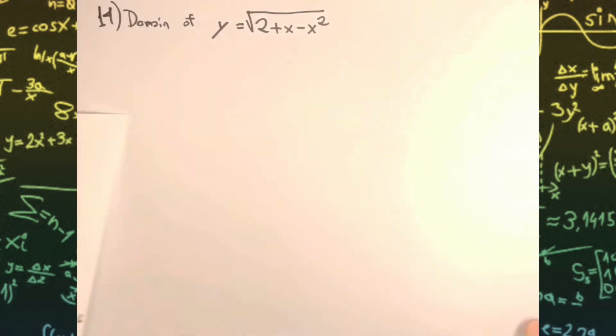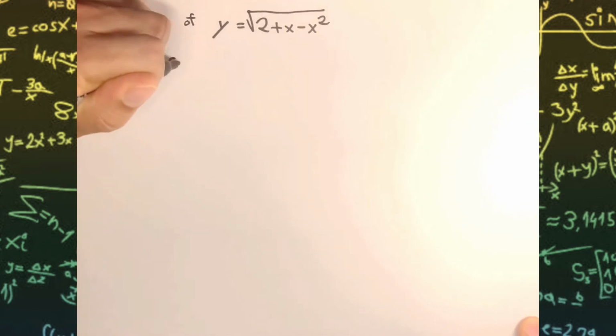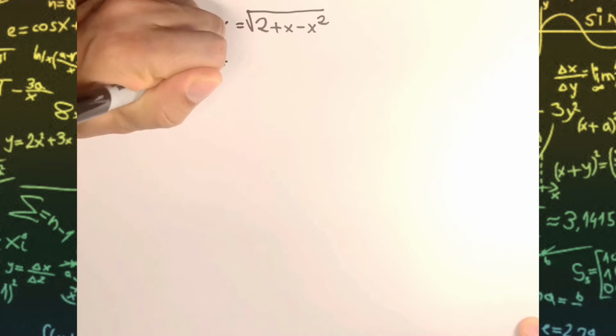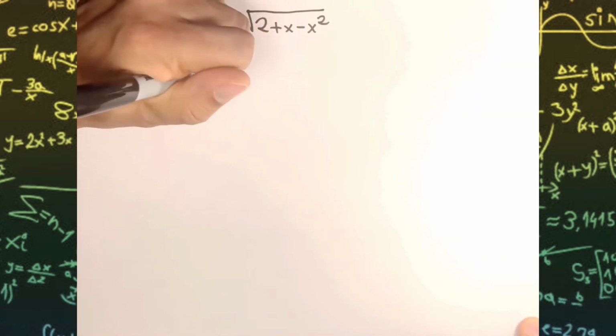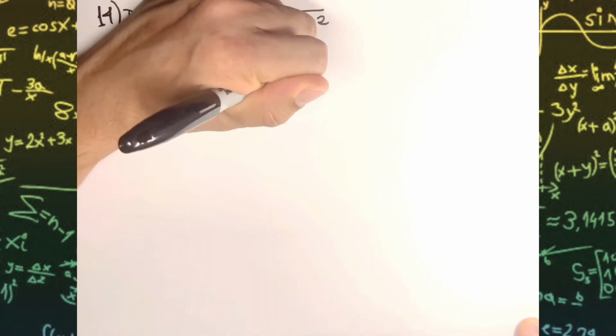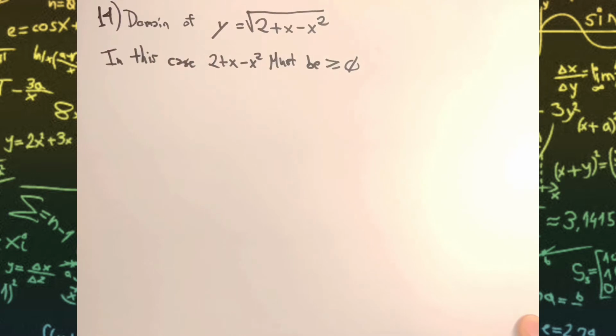So that means that we have a restriction because we have to guarantee that in this case, the inside of the root, that is 2 plus x minus x squared, must be greater or equal than 0. Remember, once again, there are no square roots of negative numbers.